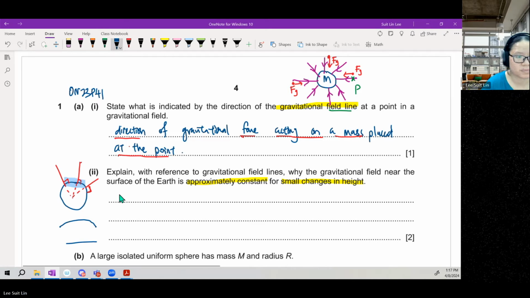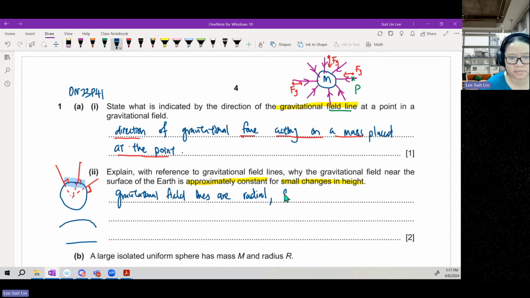So the gravitational field lines are radial, based along the radius. Since small changes in height is negligible, when we're very, very close to the planet surface, they will look almost parallel.